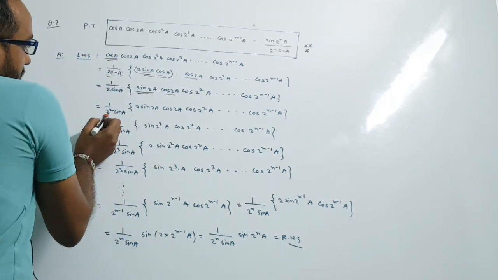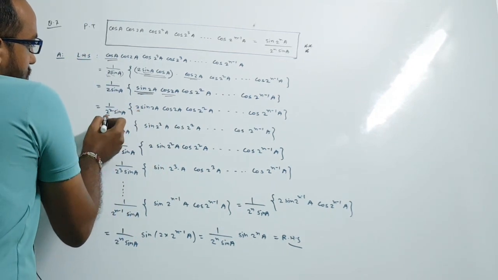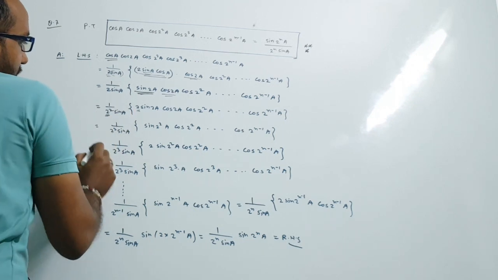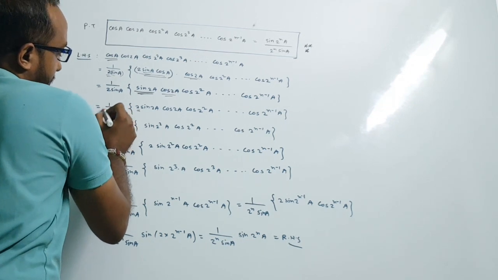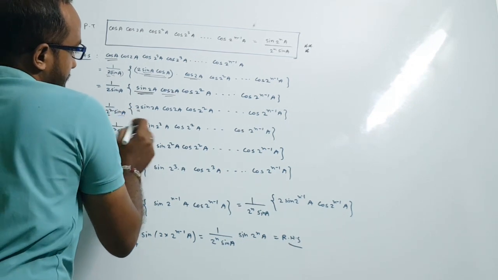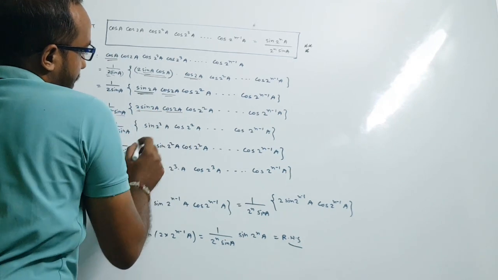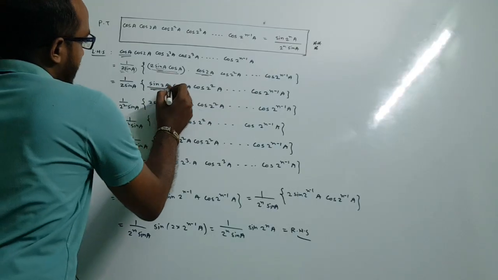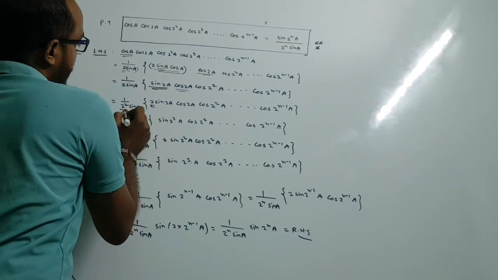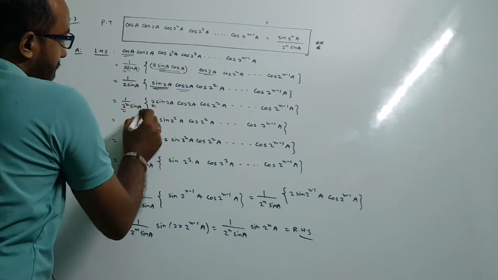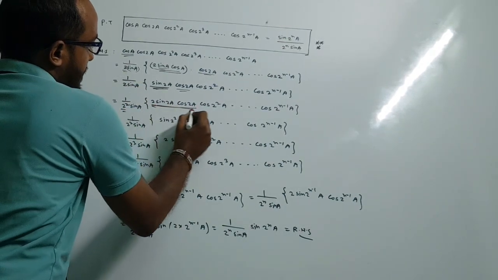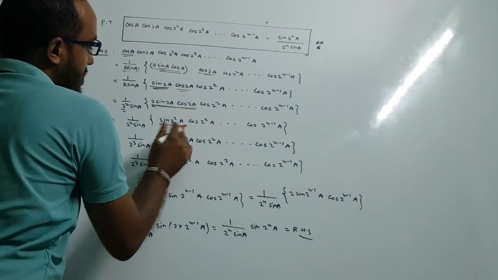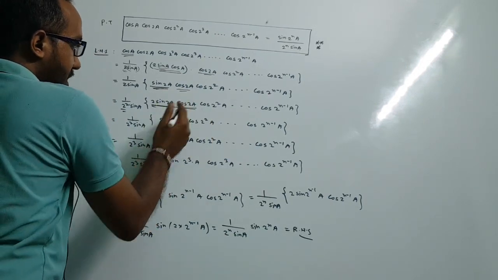Again we have to divide and multiply by 2, that is 1 by 4. We can write 1 by 4 as 2 square, sin A, 2 sin 2A cos 2A. Multiply and divide by 2 here, so 2 into 2, 2 square, 2 sin theta cos theta, again it would be sin 2 theta. So sin 2 into 2A, that is sin 4A.